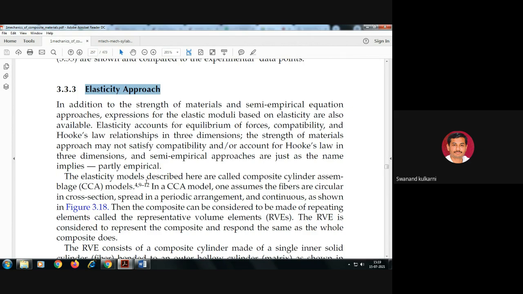Is it okay? CCA, composite cylinder assemblage, or CCA model. That terminology is important with reference to the elasticity approach. We should first understand that terminology, and then go for this particular model.